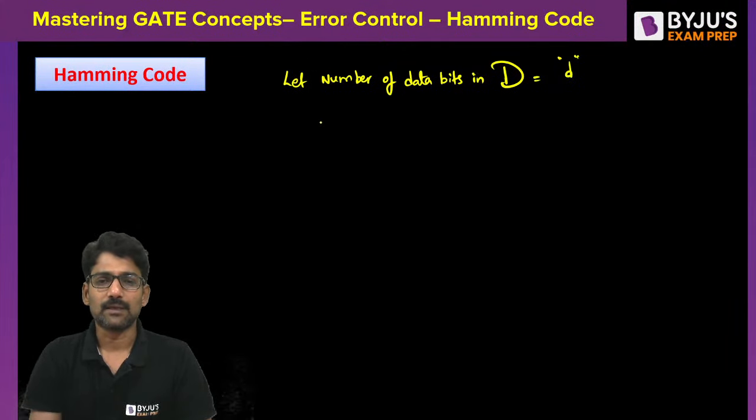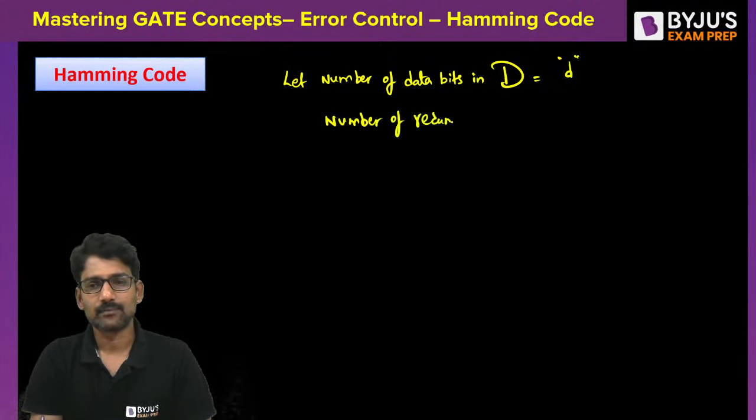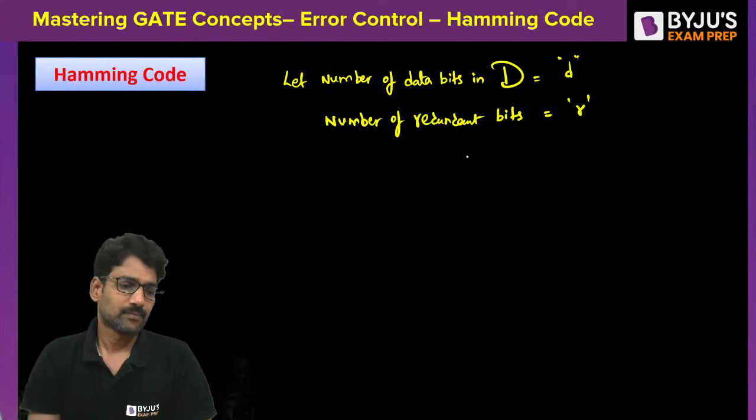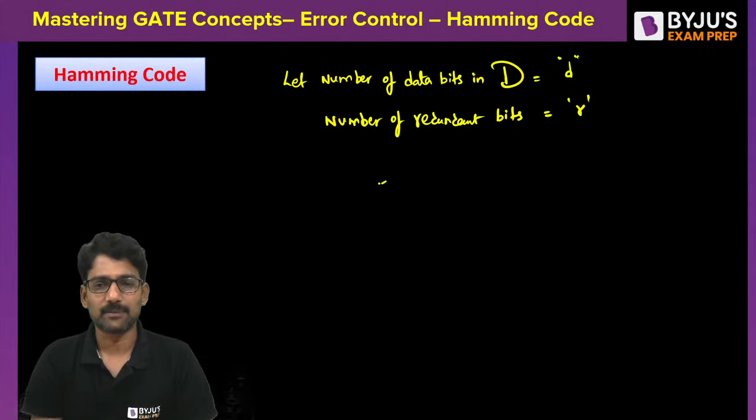Okay. Then how you calculate number of redundant bits required? So let number of redundant bits be R. So how we calculate? There is a formula.